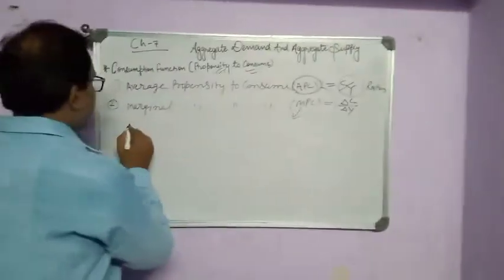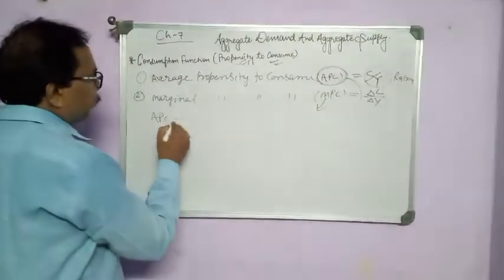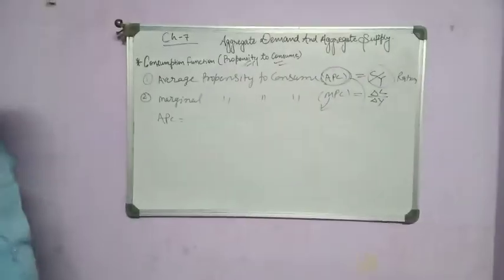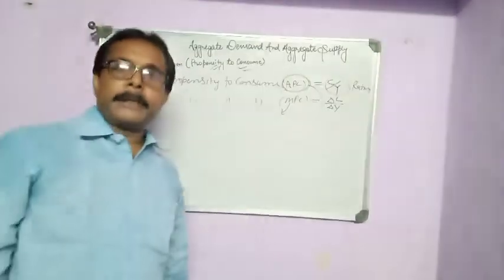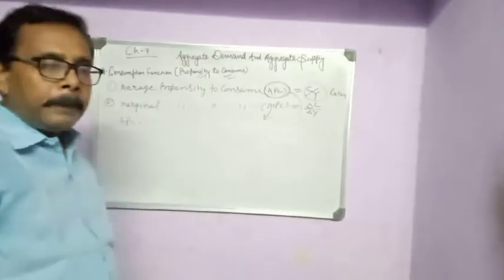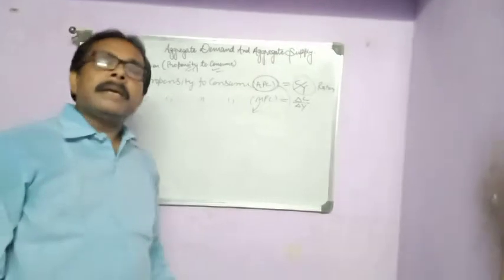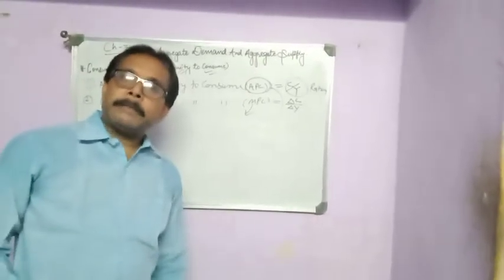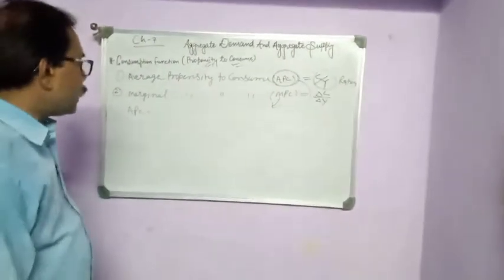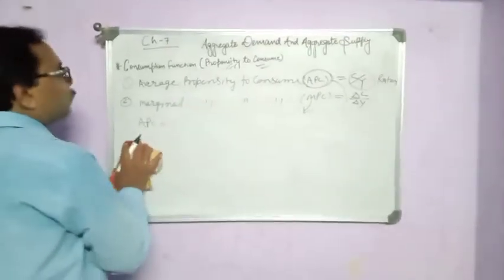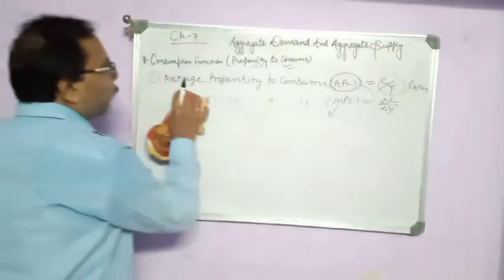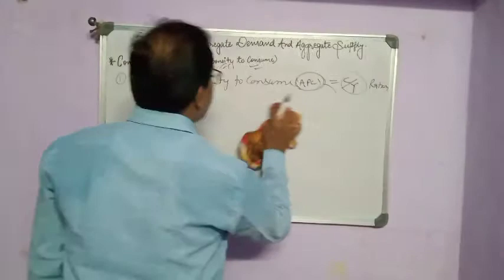So we can say APC is a ratio between consumption and income. What is APC? Sir, APC is a ratio between consumption and income. Clear? So it can also be explained with the help of the following schedule and diagram.